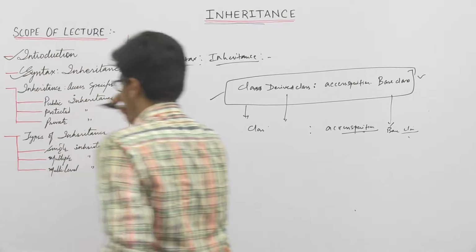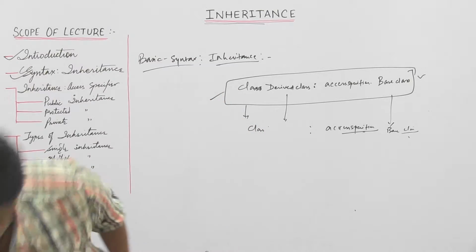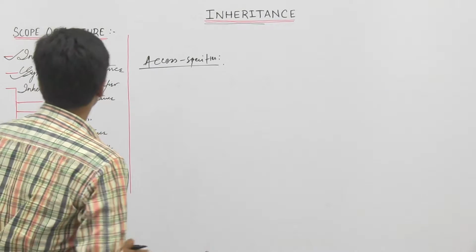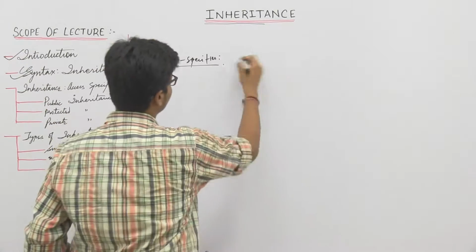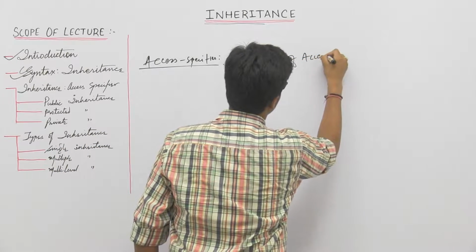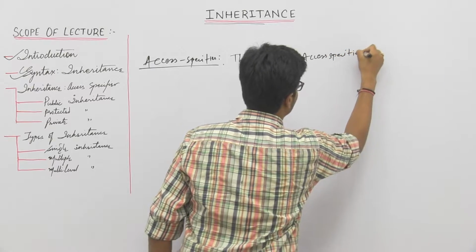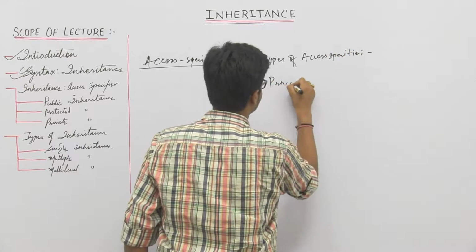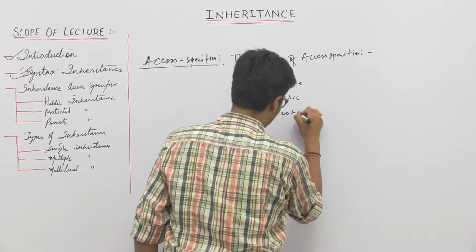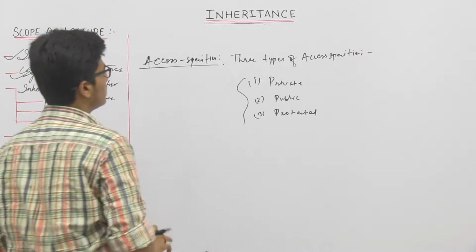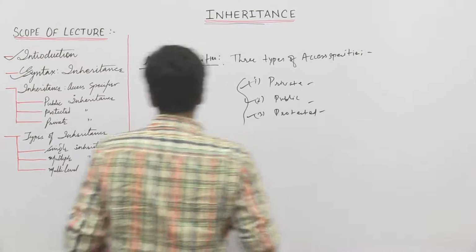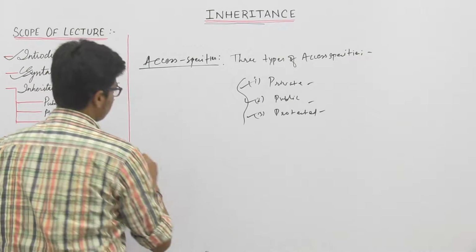Now coming to the access specifier. Generally there are three types of access specifier: private, public, and protected. So basically these three types of access specifier are used in inheritance.